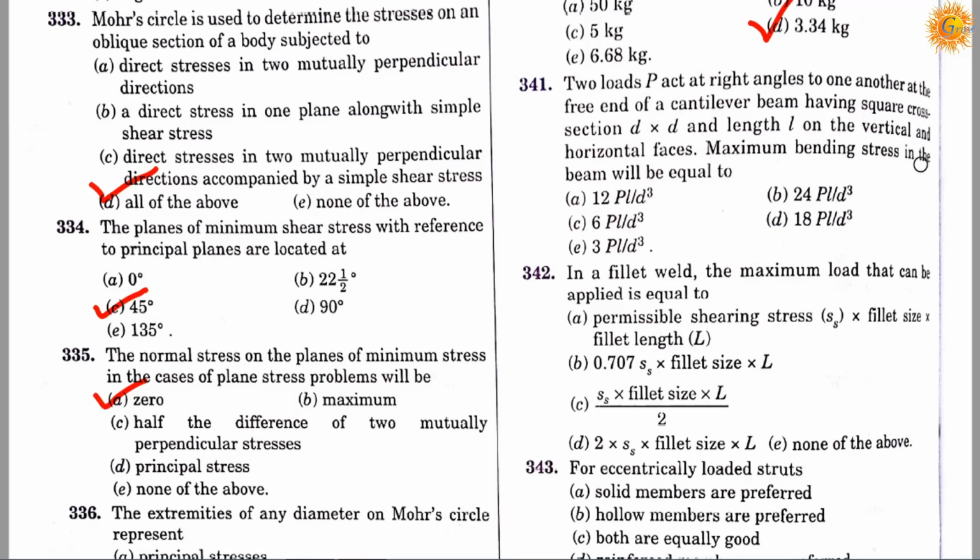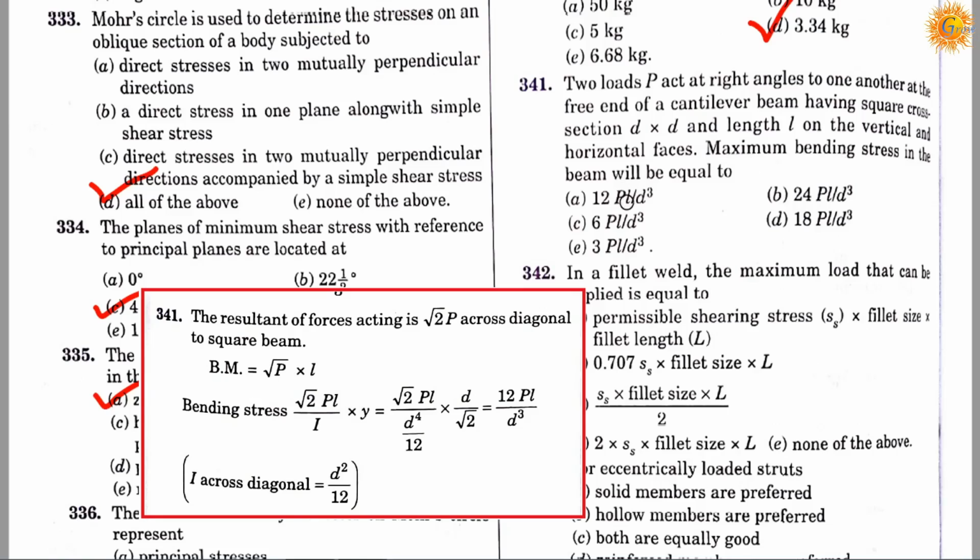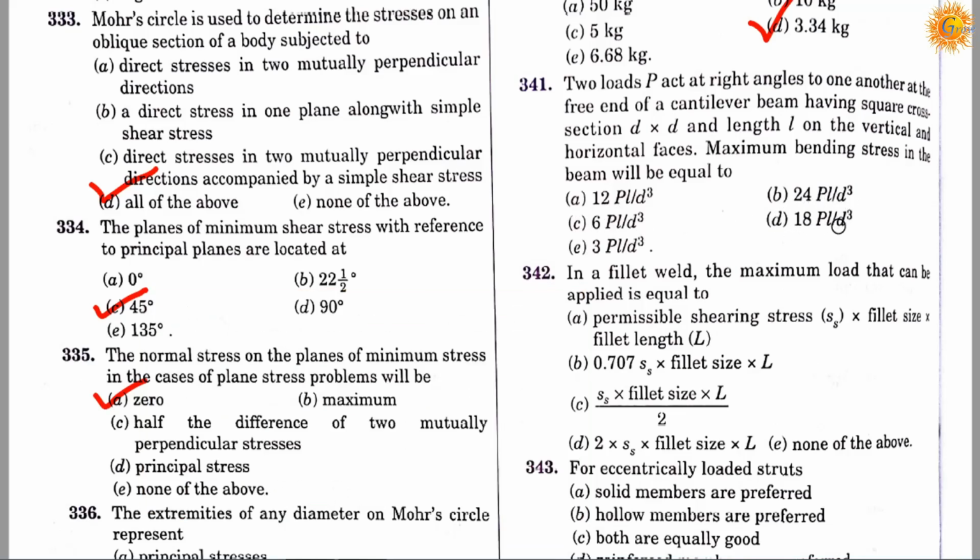Maximum bending stress in the beam will be equal to: option A, 12 PL divided by D cube; option B, 24 PL divided by D cube; option C, 6 PL divided by D cube; option D, 18 PL divided by D cube; option E, 3 PL divided by D cube.